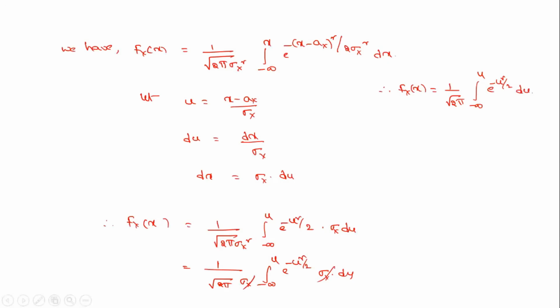But as per the definition of normalized Gaussian distribution function, 1 by root 2 pi integral minus infinity to x e power minus x square by 2 dx is taken as f of x, normalized Gaussian distribution function.